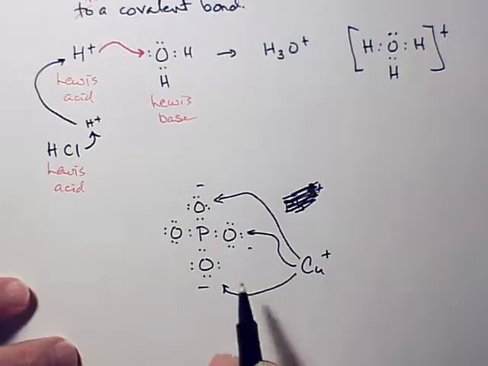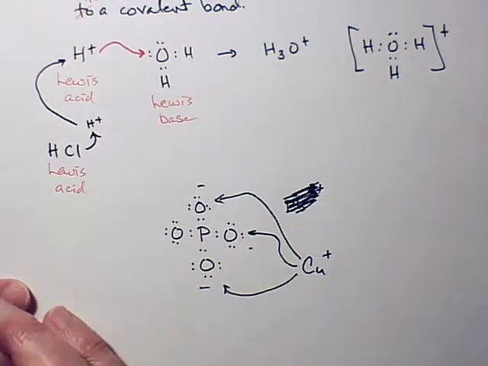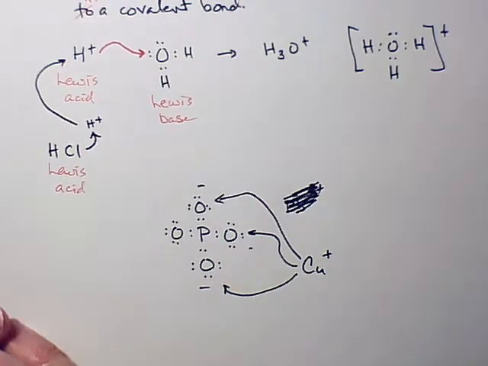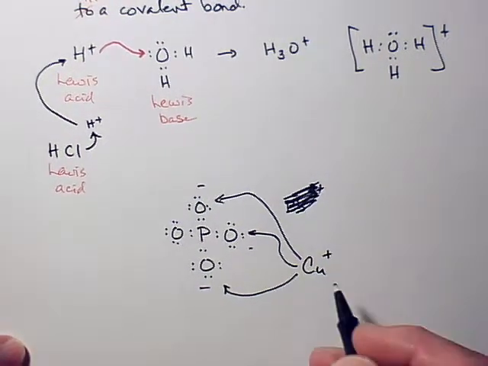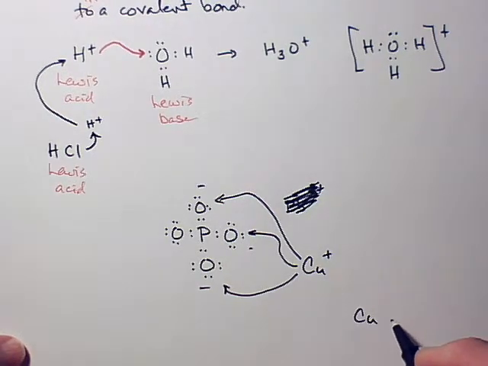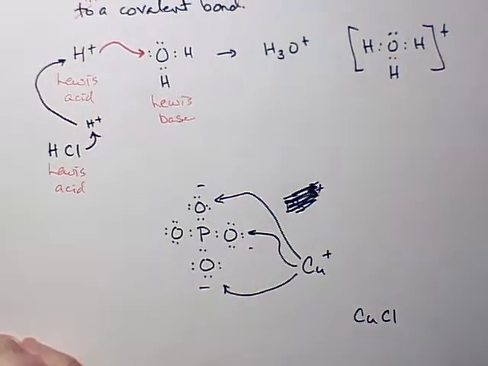Which one's the base? The phosphate's the base. So anything it came from is the base. What's the acid? The copper, and anything it came from is the acid. So if we started out with copper 1 chloride, that's also the acid.